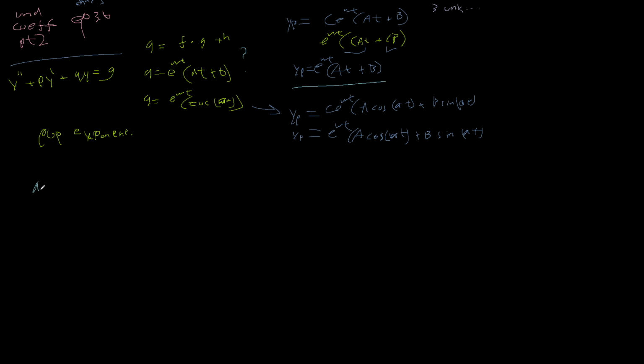What about adding? What if we had e to the t plus t plus at plus b? What if we had that? Well, what we can do is look at each of these individually.